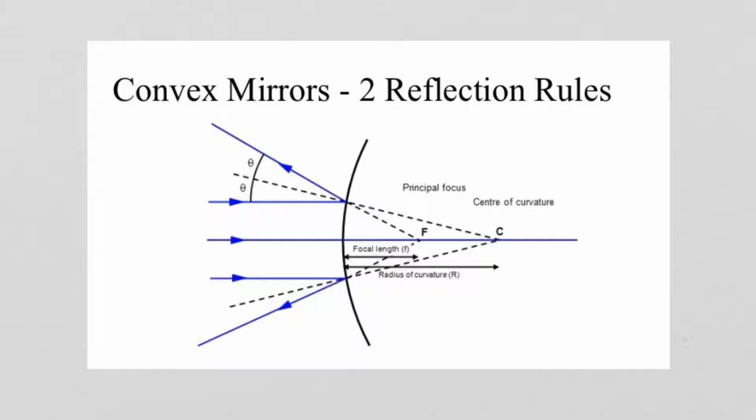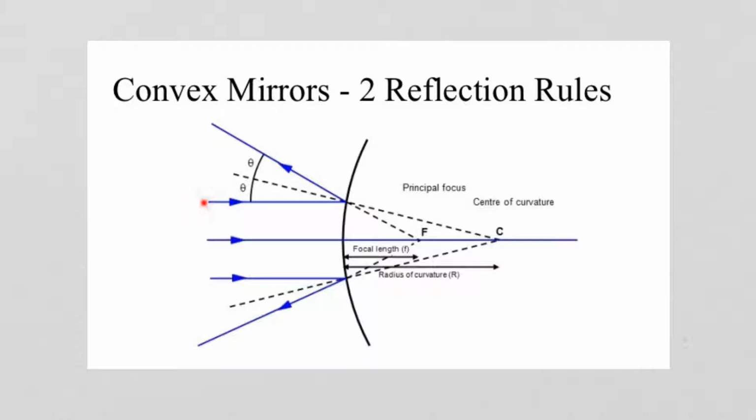So, some reflection rules. Unfortunately, this picture only shows one of the reflection rules, but you can imagine the opposite. The reflection rules are pretty similar to the ones for concave mirrors.